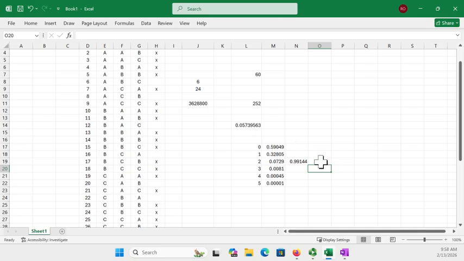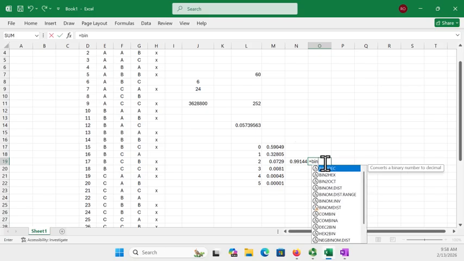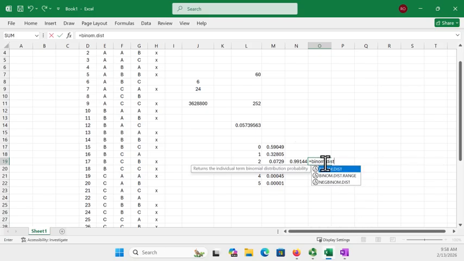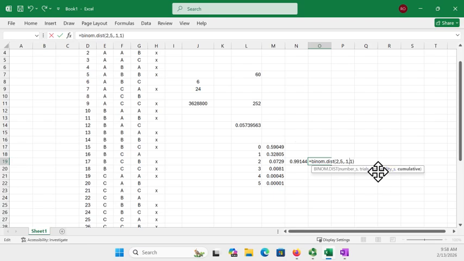So if I went right here and did equals binom.dist, 2, comma 5, comma 0.1, comma 1. The 1 is cumulative. And that's the addition. Individual is exactly what I put in. Cumulative is that number or less.